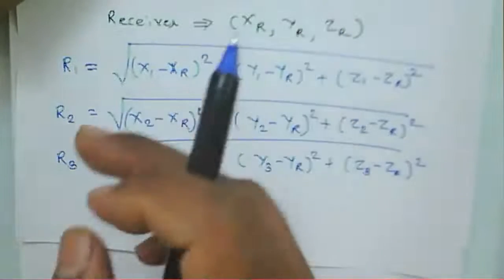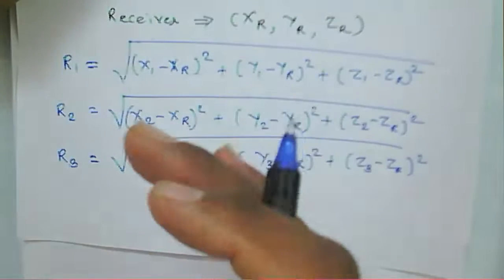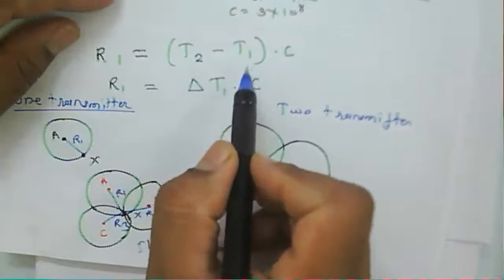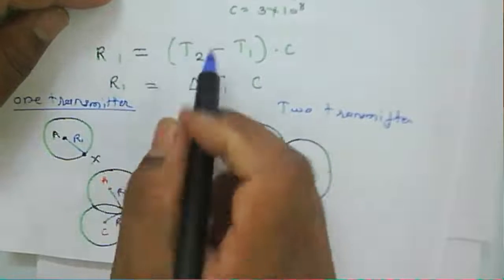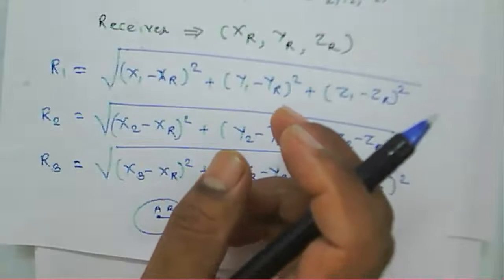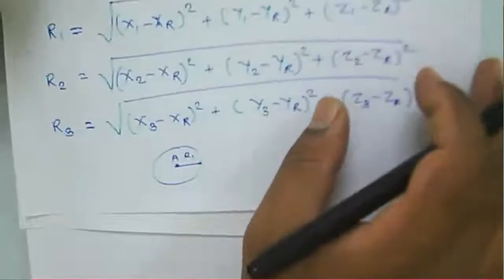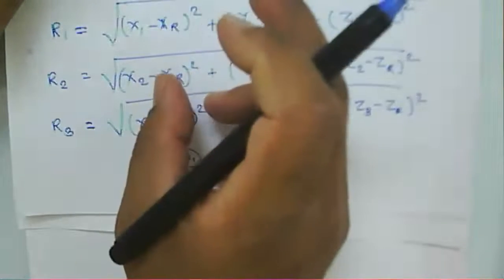In the case of a satellite navigation system, for the given range equation, R1 is equal to (T2 minus T1) times C. Similarly, in a satellite navigation system, one reference satellite is to be used, and that reference satellite is useful for finding the pseudo range.